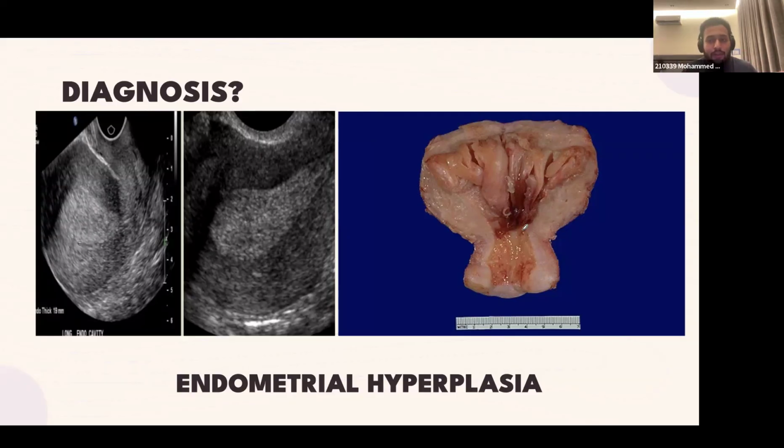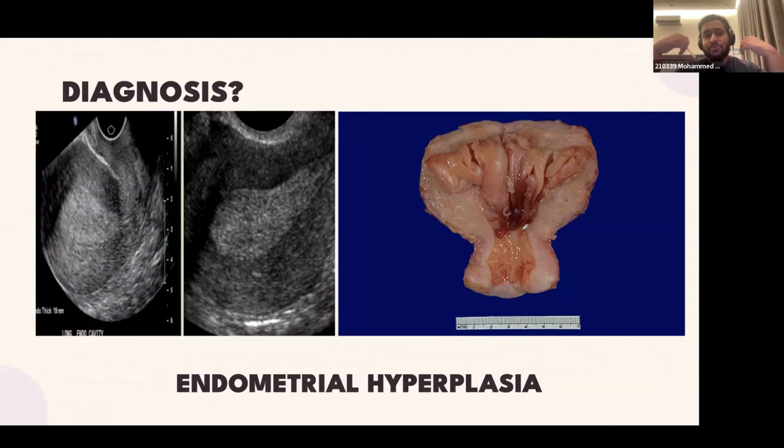Why is nulliparity involved? It's because of estrogen. They have more menstrual cycles, more estrogen, because during pregnancy there is progesterone maintaining things. So that's that, and other pathologies such as PCOS and other things that we'll talk about later on.